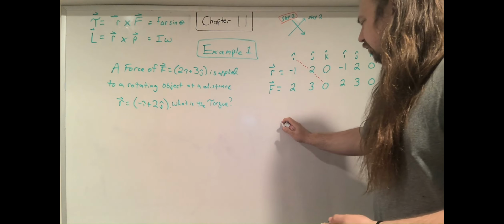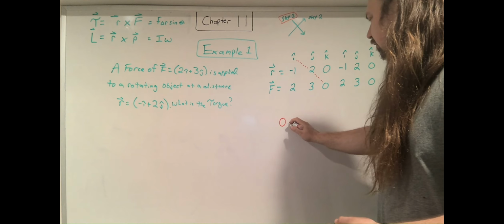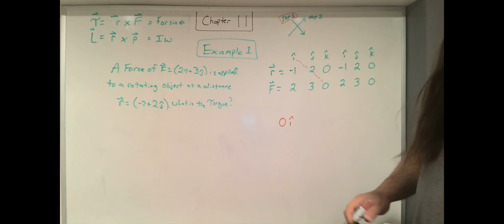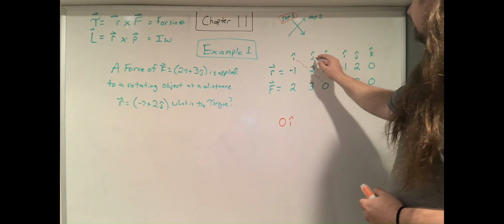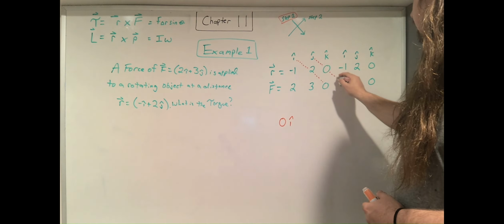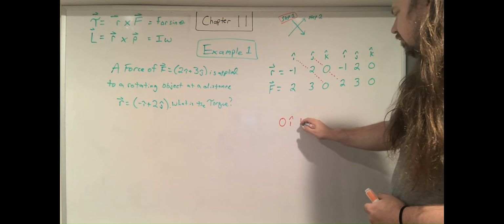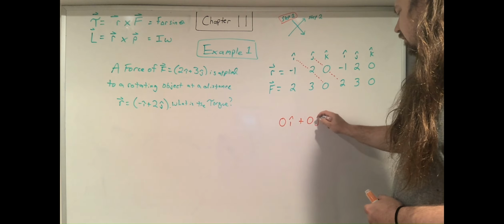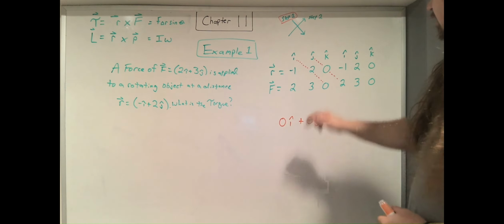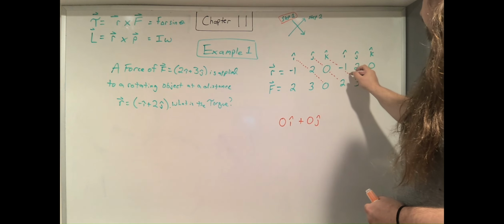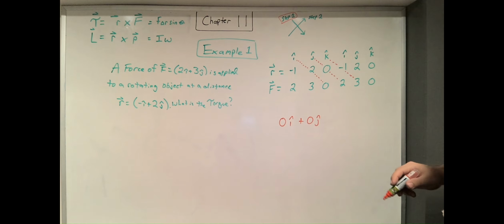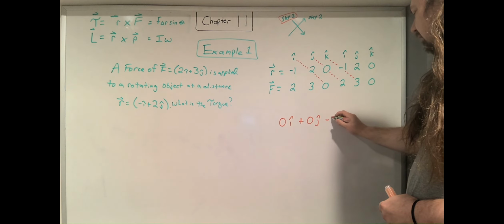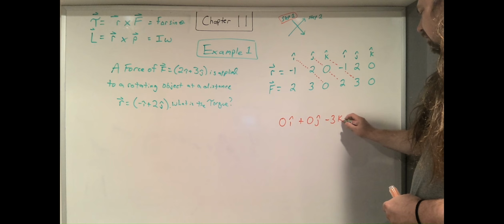Well, 2 times 0 would be 0 I, right? I do the same with the J. I get a 0 times 2. That means I get 0J. And I do it with the K. I need all 3. And for the K, I get a -1 times 3. So that gives me a -3K.